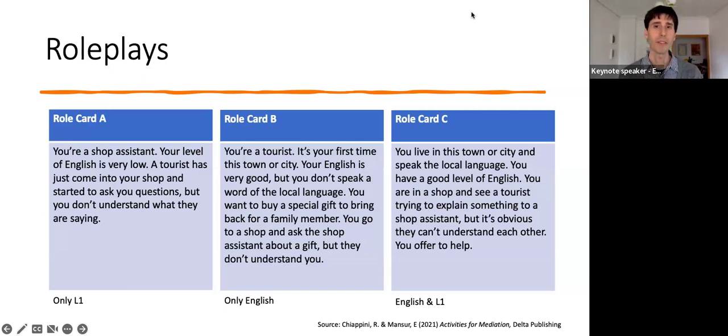So I've got a couple of Cs in the box. Anybody disagree? Yeah, everybody's saying C. Yes, C is definitely the mediator in this role play.